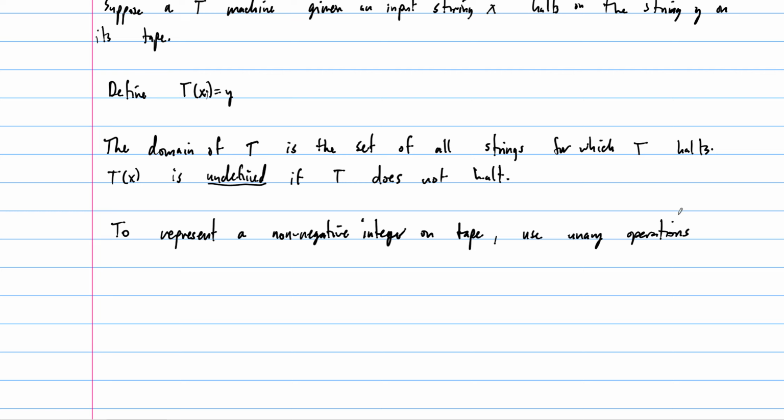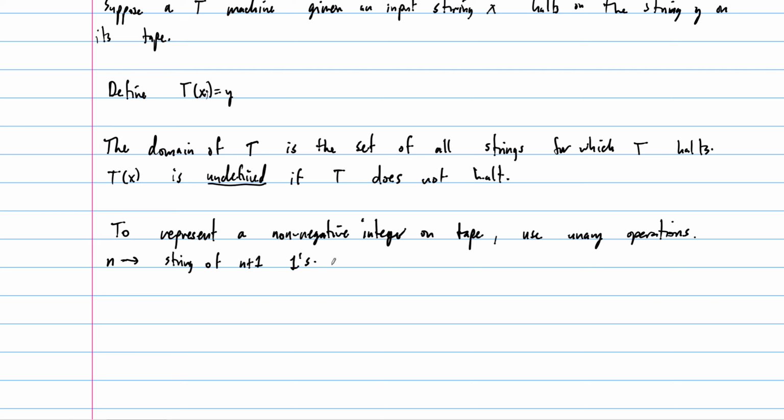And we'll see an example. We're actually going to represent tuples of non-negative integers, but let's start with just the non-negative integers. The non-negative integer n can be represented on tape by a string of n plus 1 ones.